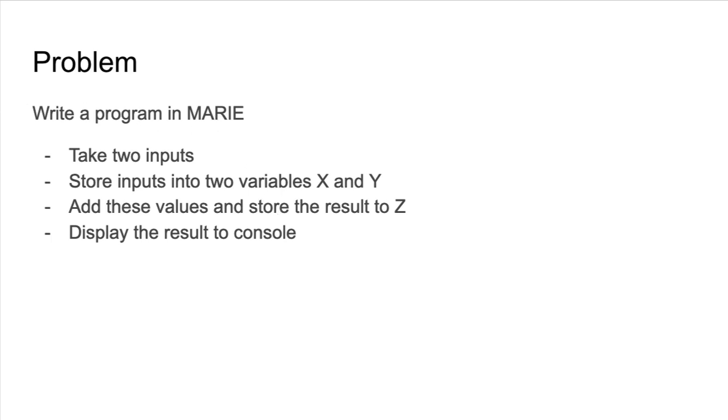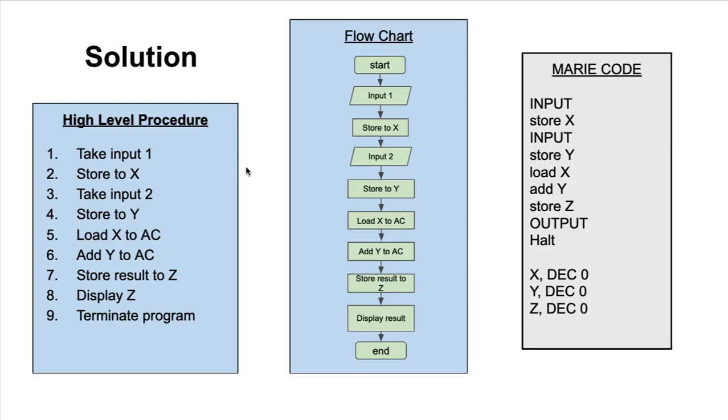How can we write a program for this problem? At the high level, the procedure goes through nine steps. Step one, we take input 1 and store the value to x. Then we take input 2 and store it to y. After that, the AC holds the value of y, so we load x to the AC, and then we add y to the AC.